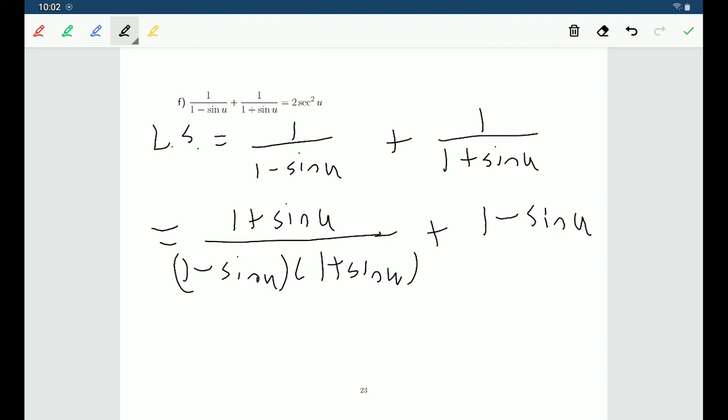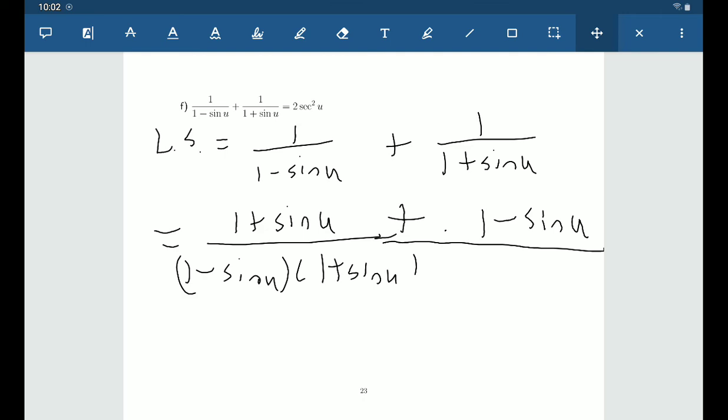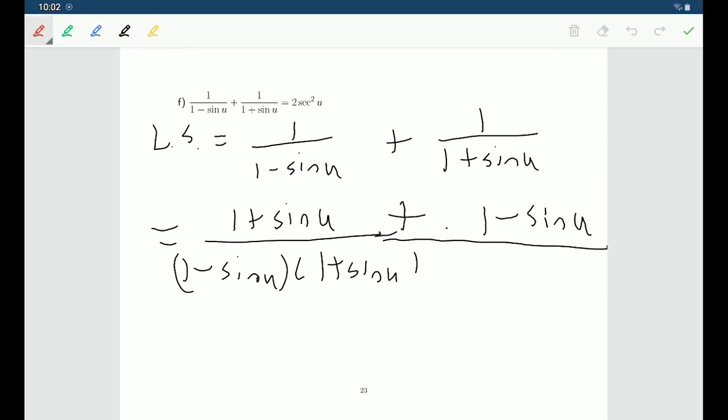So actually what I can do is say, well, these would all be combined together over that same common denominator of 1 minus sine u times 1 plus sine u. Now, next thing that we'll do, of course, is hopefully notice that the denominator, 1 minus sine u, 1 plus sine u, multiplies together to give you that lovely difference of squares.